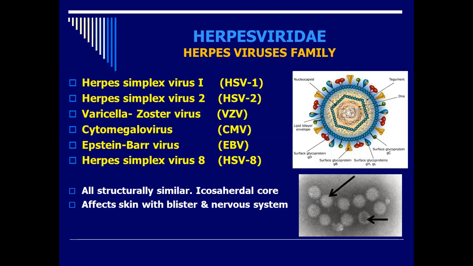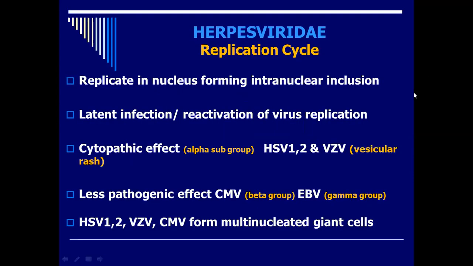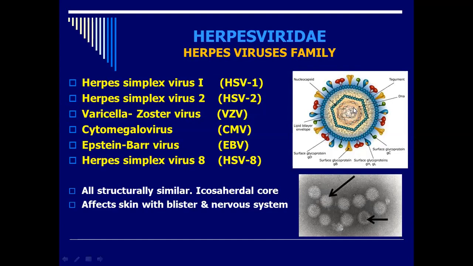Now, as we know, the virus is icosahedral in symmetry, with at least 12 facets at different angles, and that makes it icosahedral symmetry.